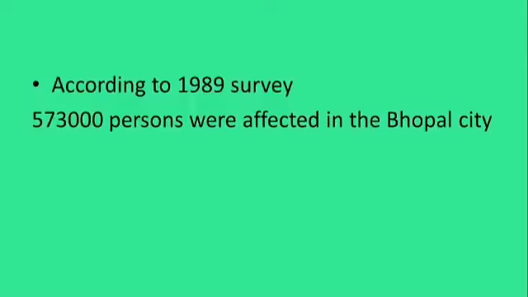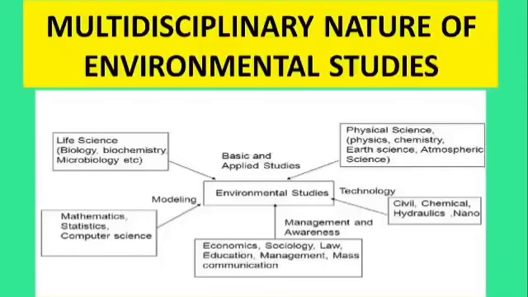This is one of the classic examples of a case which happened in our own country. After learning about the Bhopal gas tragedy, we can say that it was a very complex case, and to solve this, we had to apply multiple disciplines. For example, in the Bhopal gas tragedy, knowledge of life science was applicable because the victims and the diseases we were able to judge because of life science.